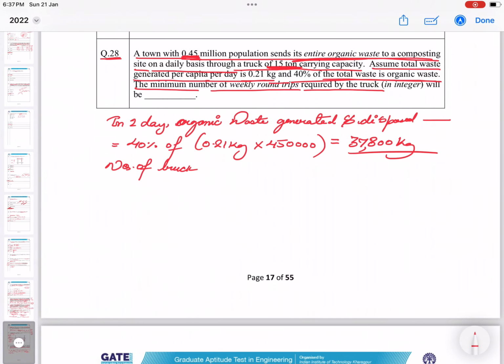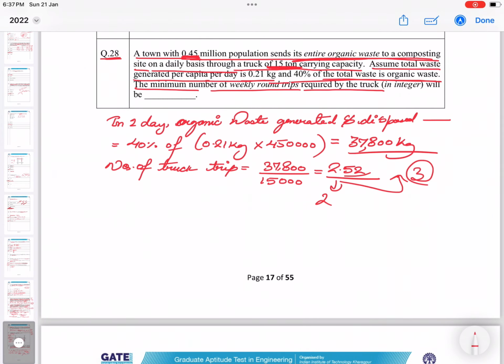We know that in one trip it can carry only 15 ton. So number of truck trips required is 37,800 divided by 15,000, which comes to 2.52. You cannot write it as 2.